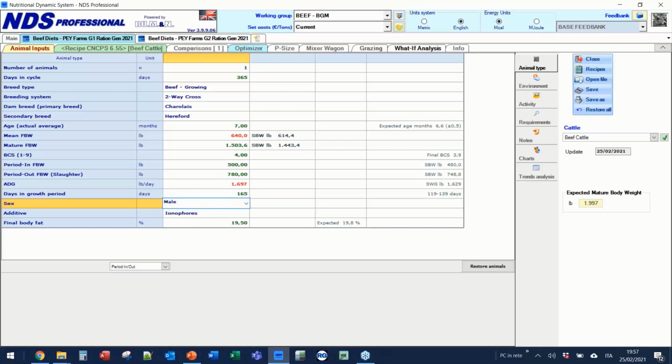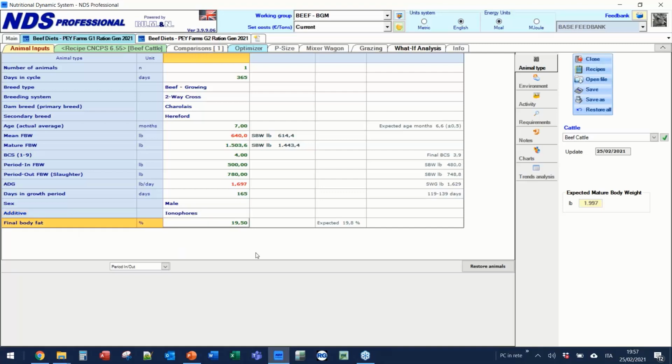If we would use additives, there is a list of possible options, and based on these options, the model will provide some adjustments in the growth rate, in the expected dry matter intake, and the final body fat.